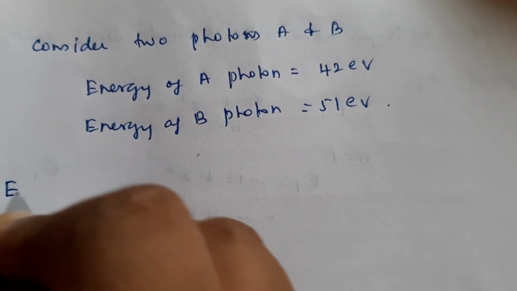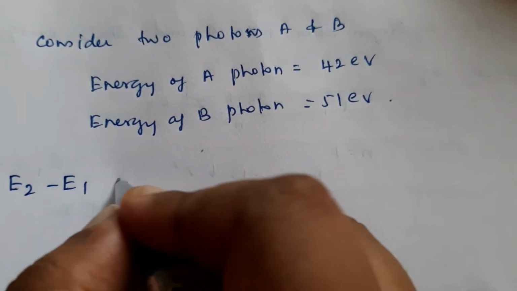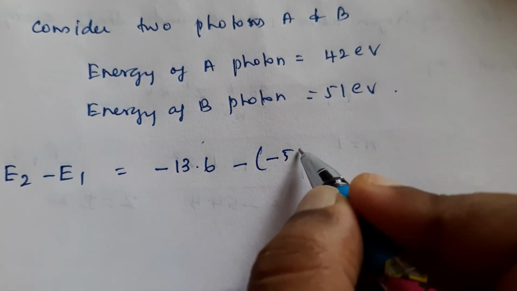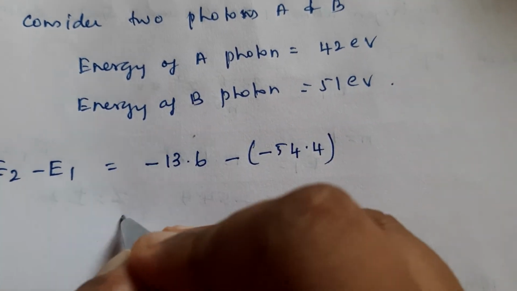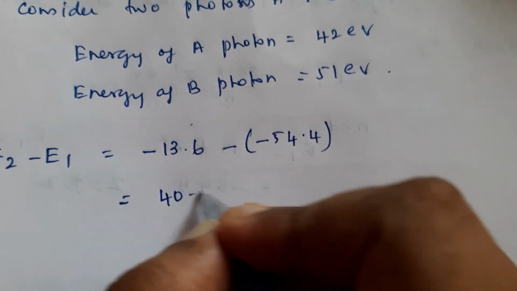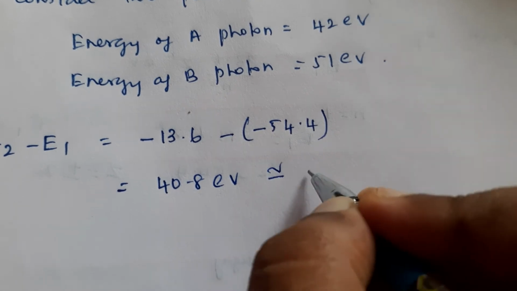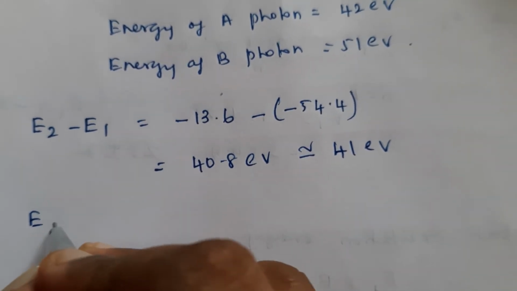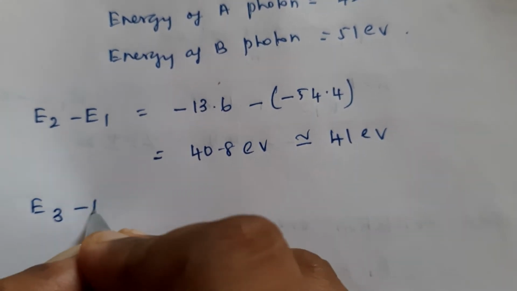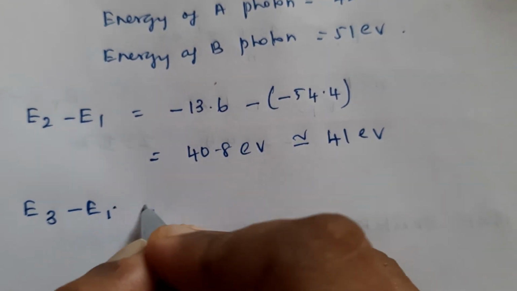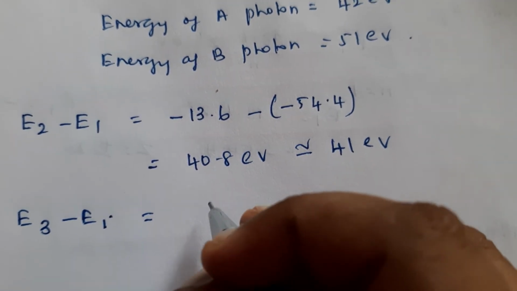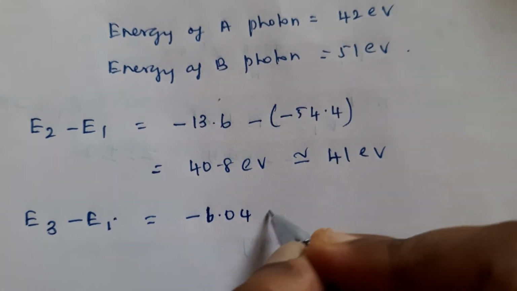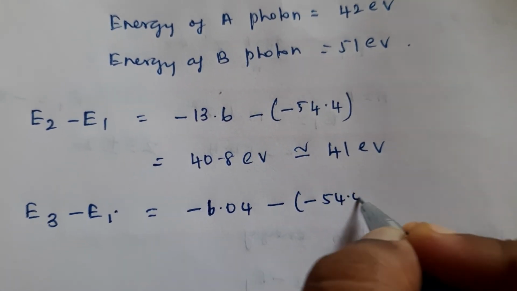So we'll go for finding the difference in energy levels. First E2 minus E1, that is minus 13.6 minus of minus 54.4. So that is 40.8 electron volt, which is approximately 41 electron volt. Now E3 minus E1: minus 6.04 minus of minus 54.4.